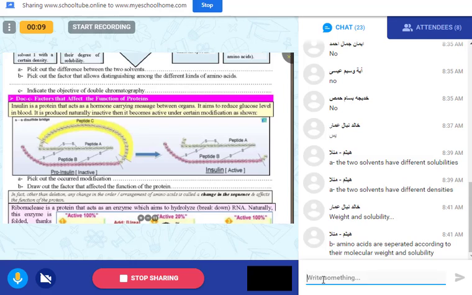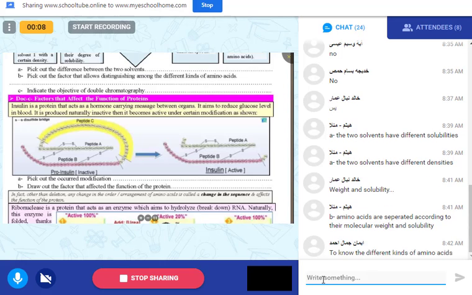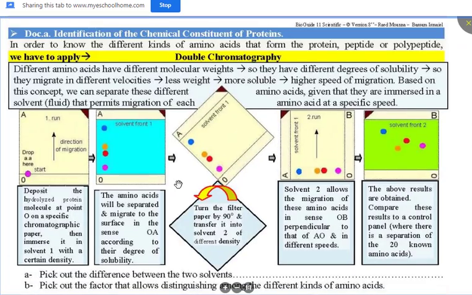Next, indicate the objective of double chromatography. So now, what is the objective of double chromatography? To know different kinds of amino acids. Okay, where did you get it from, Iman? From the first sentence.